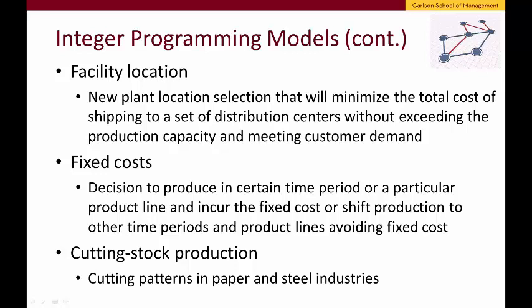The last example we cover involves the situations where decisions need to be made whether or not to incur the fixed costs associated with a particular time period or product line. It may be better not to produce during a particular month or a particular product line because of the benefits of not incurring the associated fixed costs.